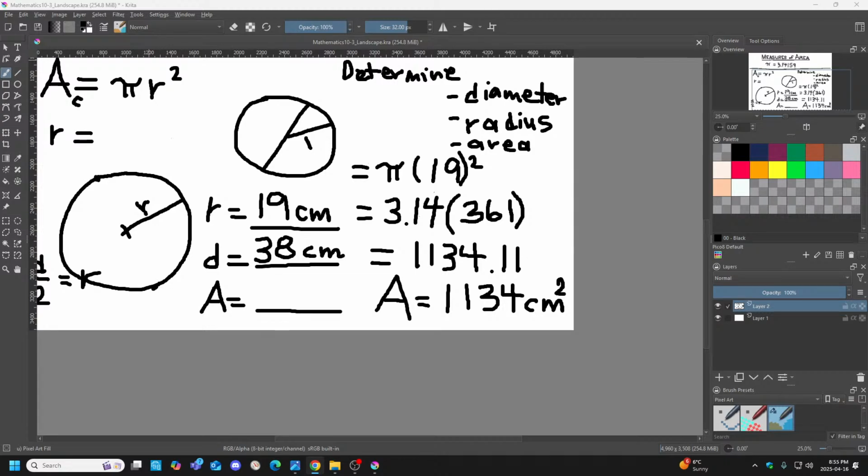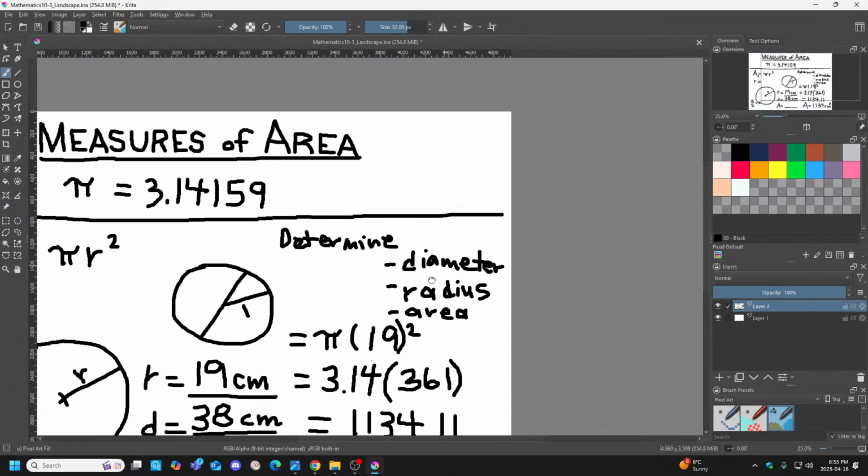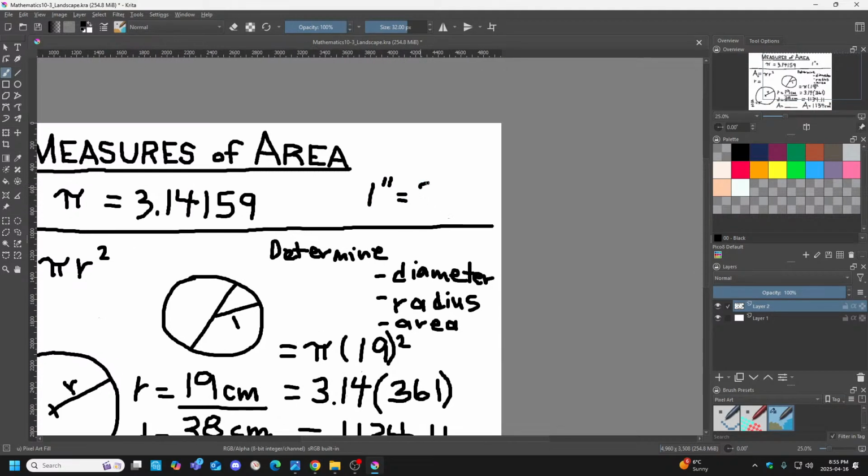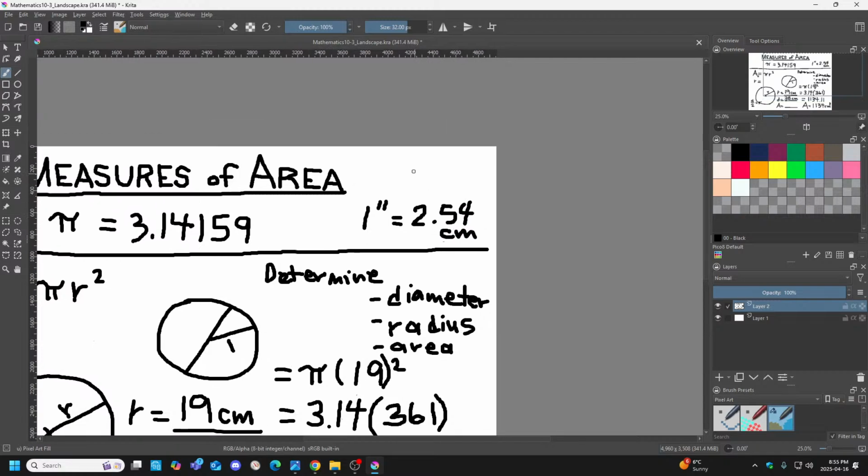Yeah, that's the one. 1 inch equals 2.54 centimeters. For the most part, 25.4 is the common one. Okay, so I'll fix that.